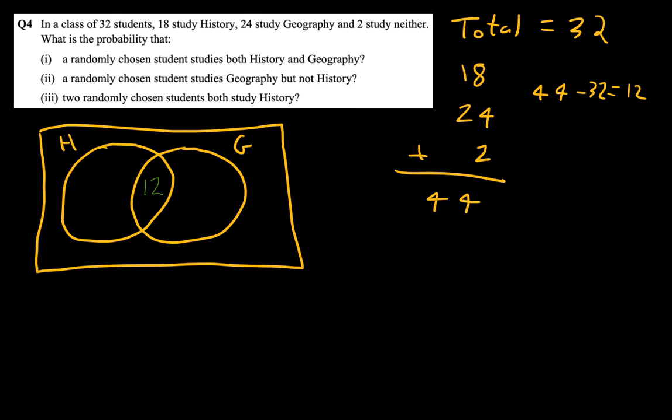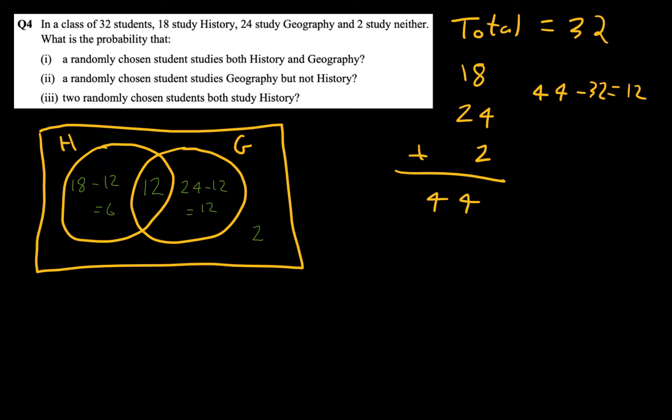So history is 18 minus 12, which equals 6. And then we've got 24 minus 12, which is 12. And then we've got 2 study neither.